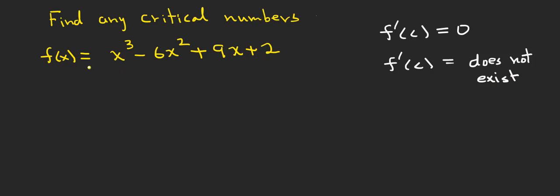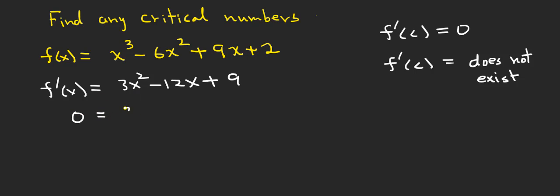In order to find the critical numbers, we need to find the derivative. So you get 3x squared minus 12x plus 9. So now what we need to do is set it equal to 0 and then solve for x.